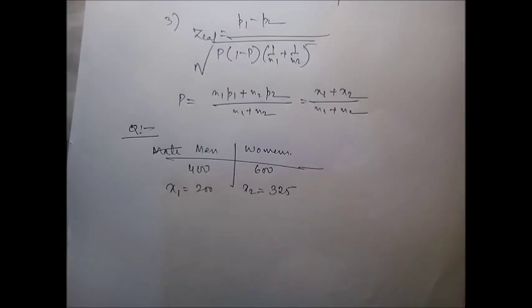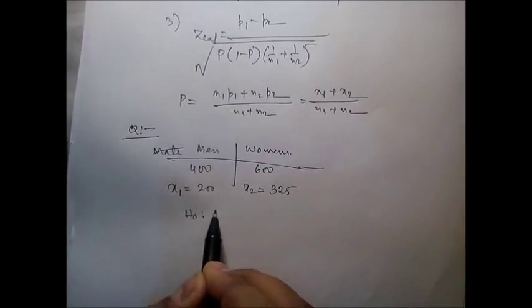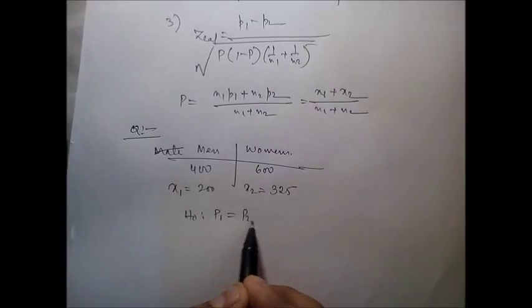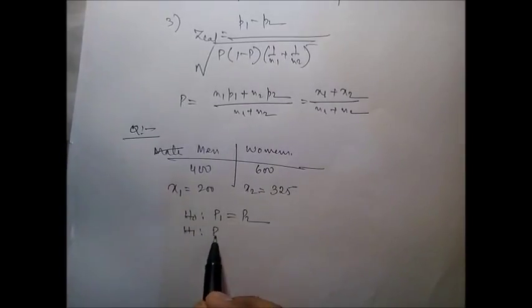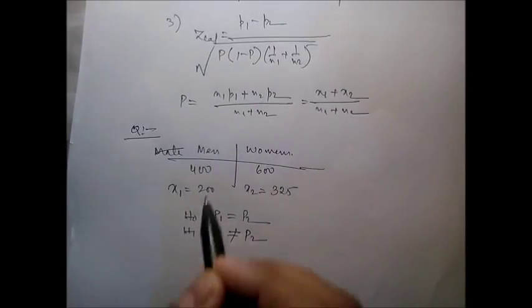Test the hypothesis that proportion of men and women in favor of the proposal are same, against that they are not. Okay. So null hypothesis is P1 is equal to P2 and alternative is P1 is not equal to P2.